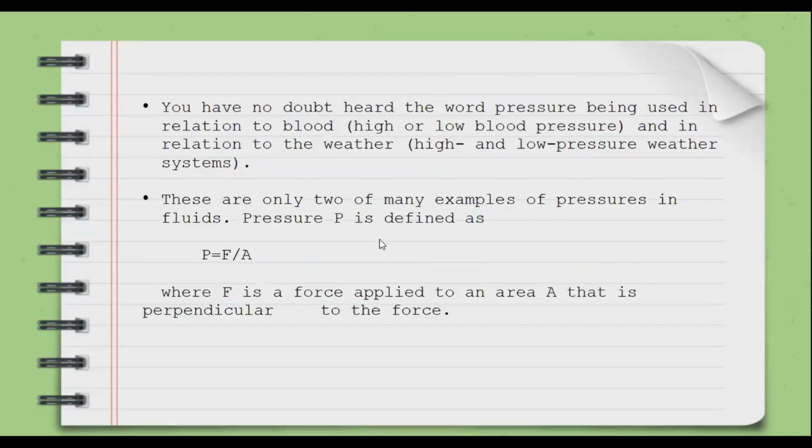You have no doubt heard the word pressure used in relation to fluids, like blood pressure and weather pressure. In blood pressure, we have high or low blood pressure, and in relation to the weather, we have high and low pressure.